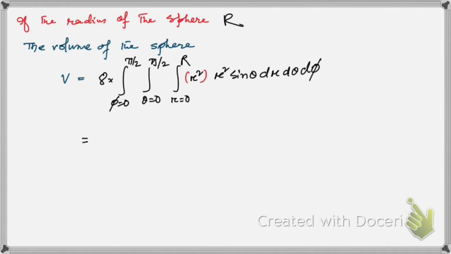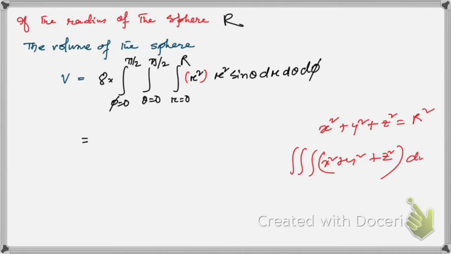Actually, the volume of a sphere given by this equation is the volume integral of dv. Here the integrand is nothing but r square, right?